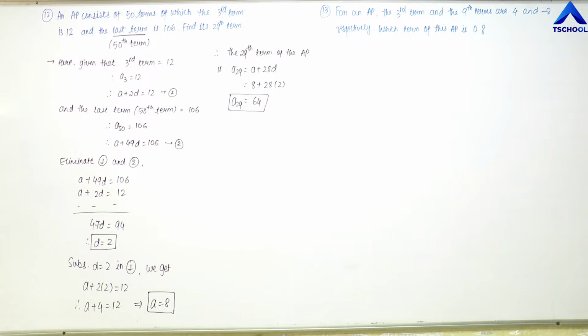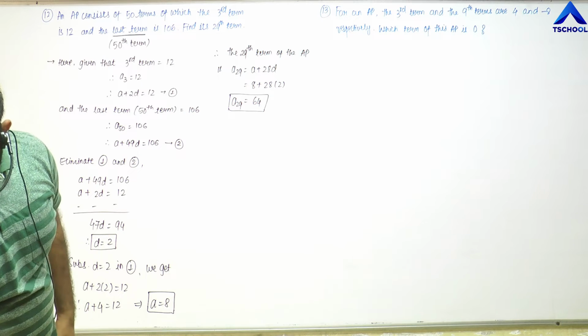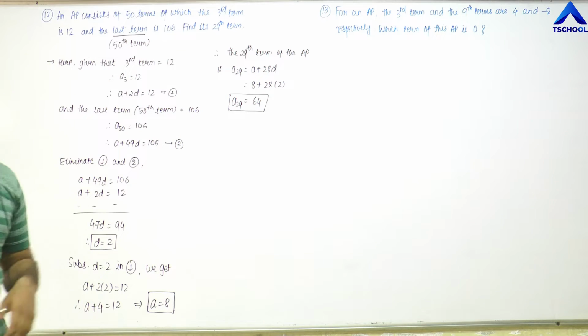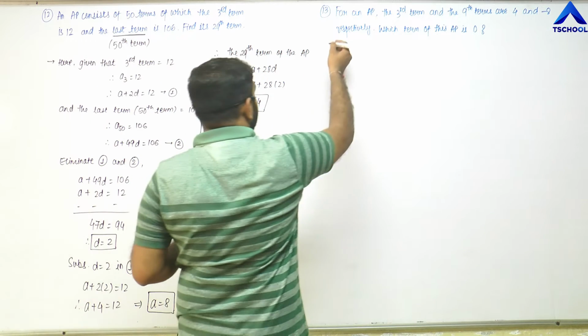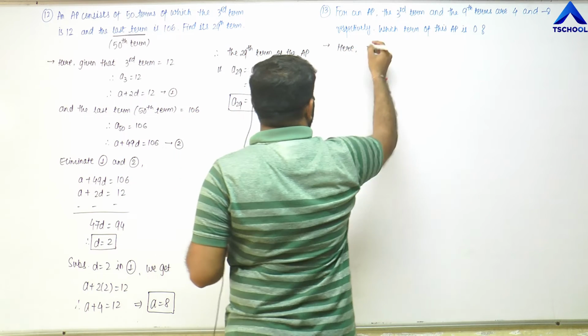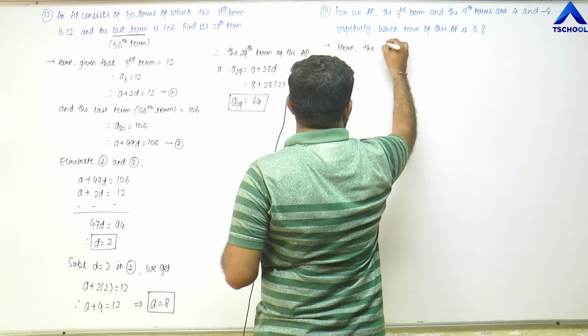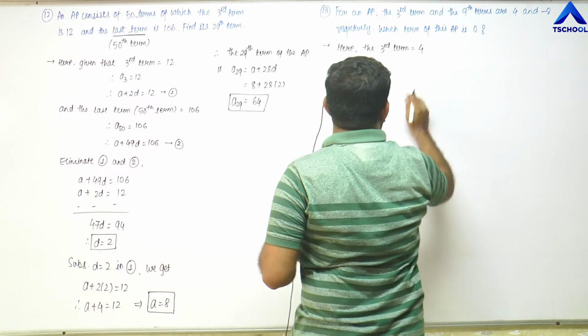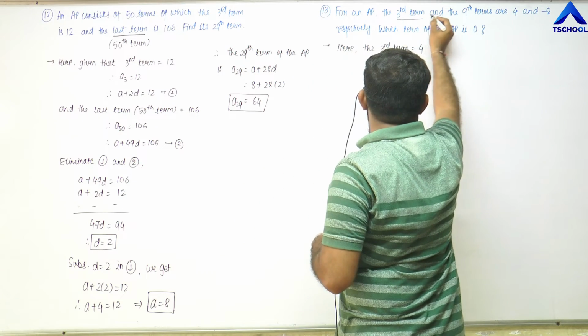are given two references, that is the third term and the ninth terms are 4 and minus 8. Now we need to check which term of the arithmetic progression that is talked about here is 0, right? So here the third term is equals to 4. See friends, first we are talking about the third term.